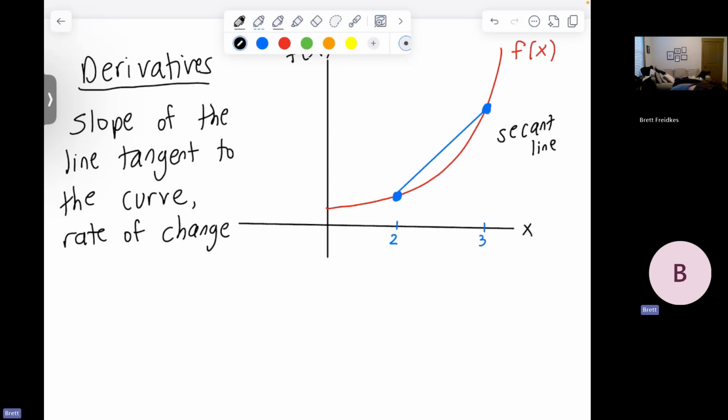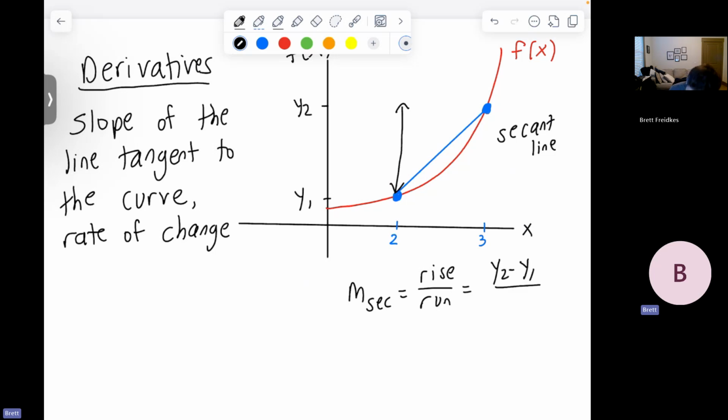So what we would do is say, okay, the slope of the secant line, if we think back to high school algebra, is the idea of rise over run, where the rise is the distance in between these points. This is basically our y2 and our y1, so the distance between those, divided by the run, which is the distance between these two. And just for general purposes, I'll just say that this is x2 minus x1.